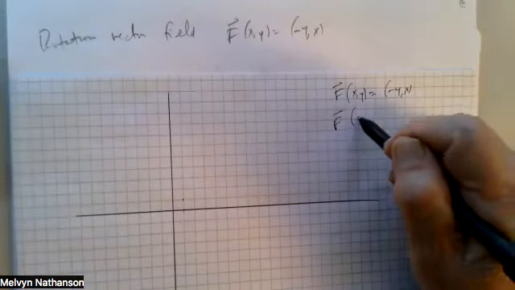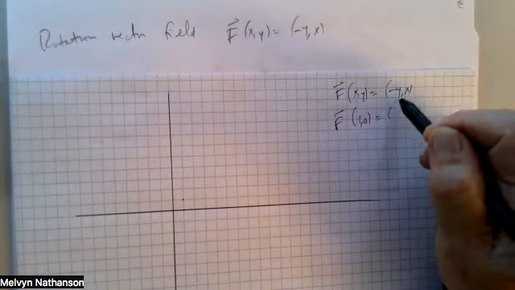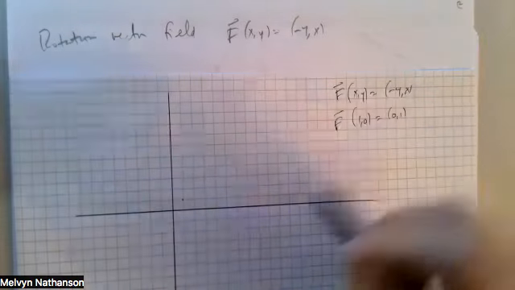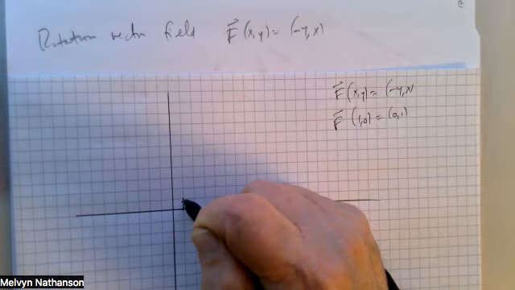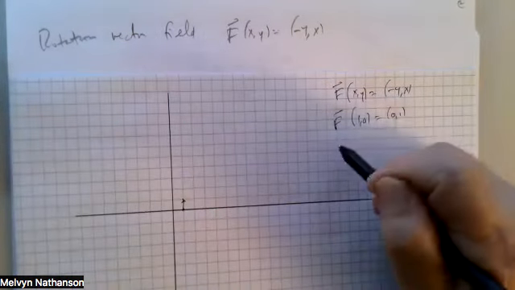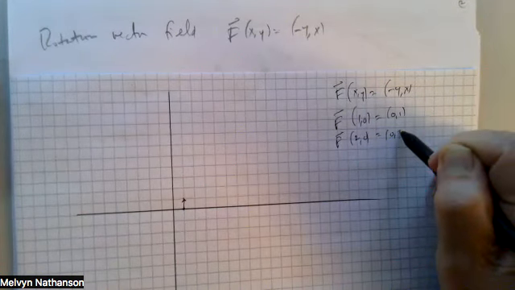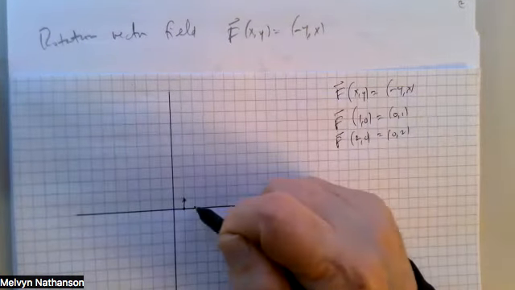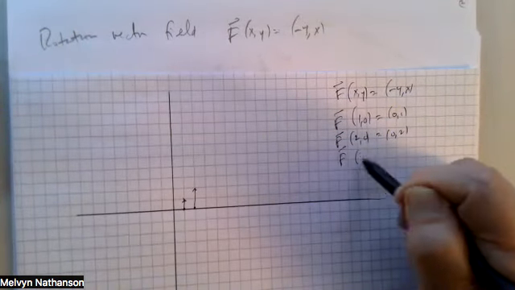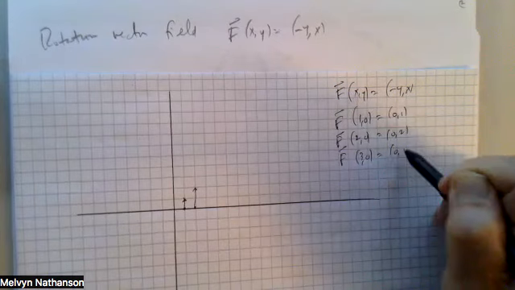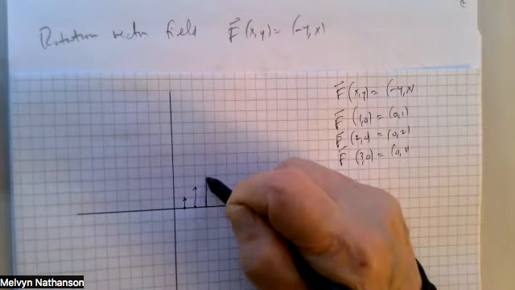F of 1, 0: x is 1 and y is 0, so this is 0, 1. So at this point, the vector is pointing up. F of 2, 0 is 0, 2. So at this point, the vector is pointing up. F of 3, 0 is 0, 3, pointing up, and so forth.